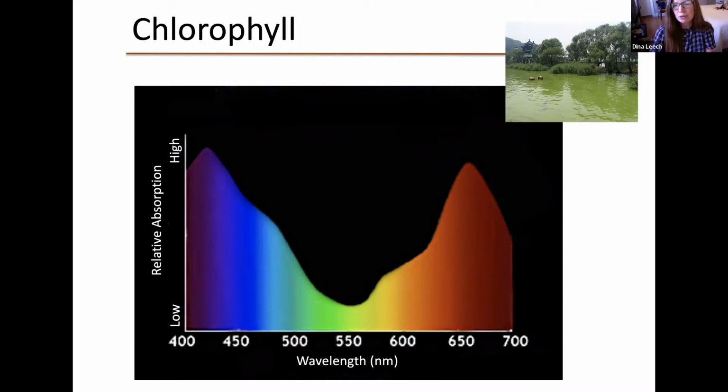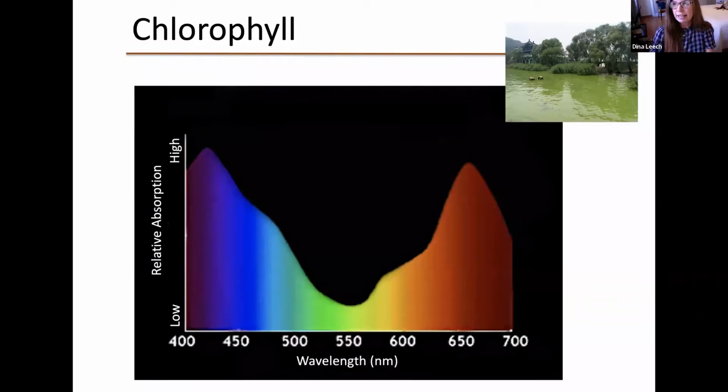And what I'm showing you here is something called an absorption spectrum. So on the x-axis of this graph, again, we have the visible spectrum from 400 to 700 nanometers. And on the y-axis, we have relative absorption. So either low absorption of those wavelengths or high absorption.